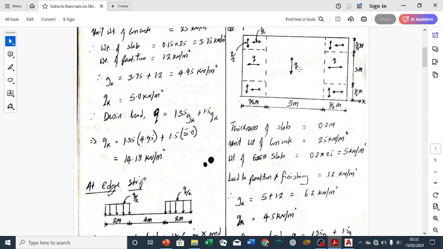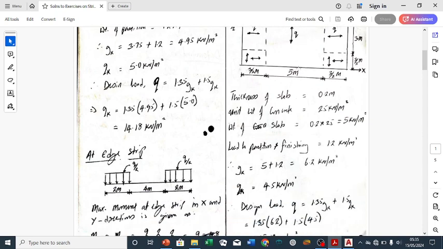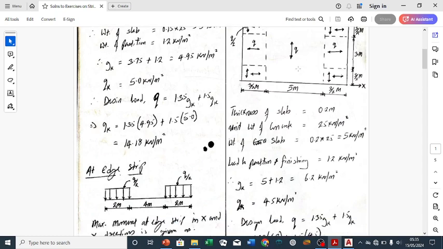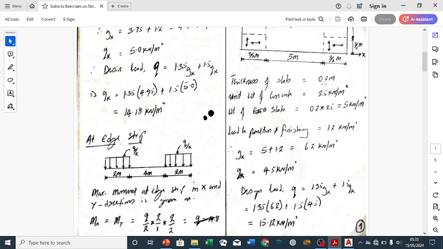The next thing we are going to do is to determine the value of Q. The thickness of slab was 200 mm, which is 0.2 meter. The unit weight of concrete is 25 kilonewton per meter cube. So the weight of slab is this multiplied by this, so we have 5 kilonewton per meter squared as the weight of slab.